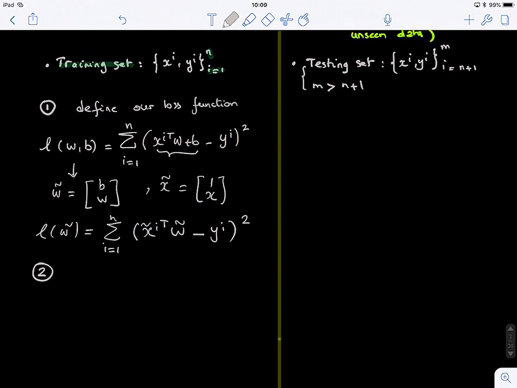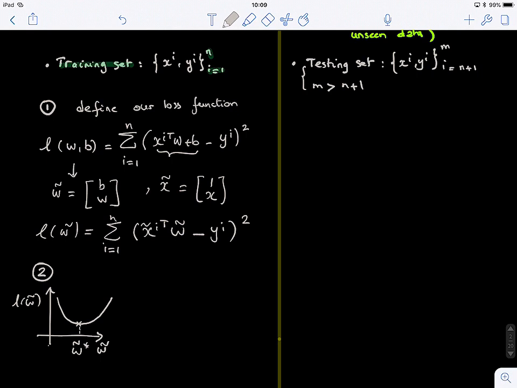So now that we have defined our loss function, maybe we can plot it this way. This is our loss function, let's say it looks something like that. We want to find the optimal W tilde star. How do we do that?